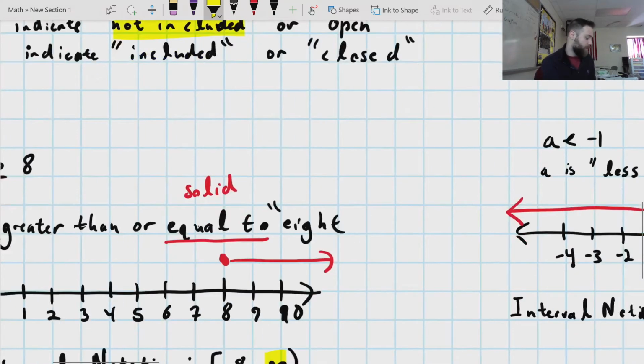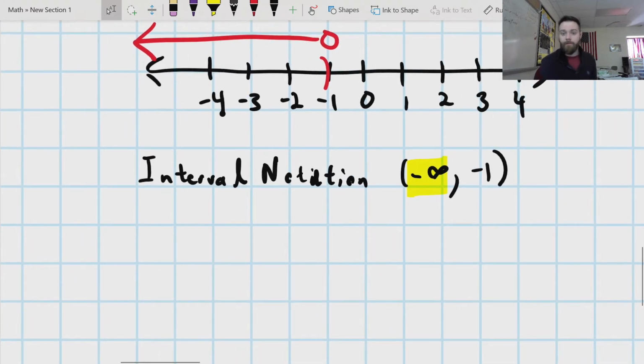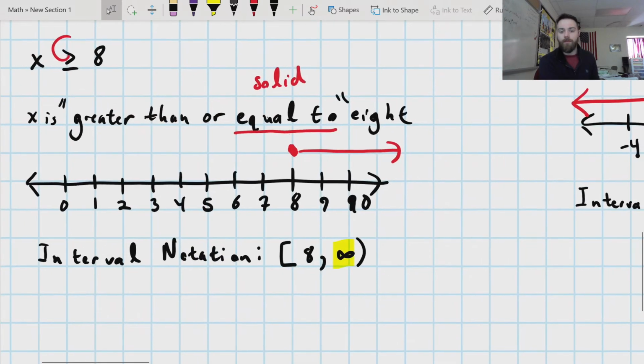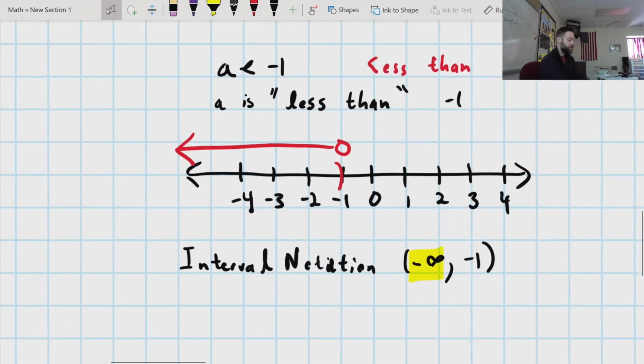Any number from negative infinity to negative 1 works, but there's always a lesser number. There's always a number that I can go past. If I go to negative a billion, there's always a negative a billion and 1, or a negative a billion and 2. You can always get closer to negative infinity, but you can never reach it. So we use parentheses anytime we're near infinity or negative infinity. So that's what I wanted to say about that. So I think that's good.